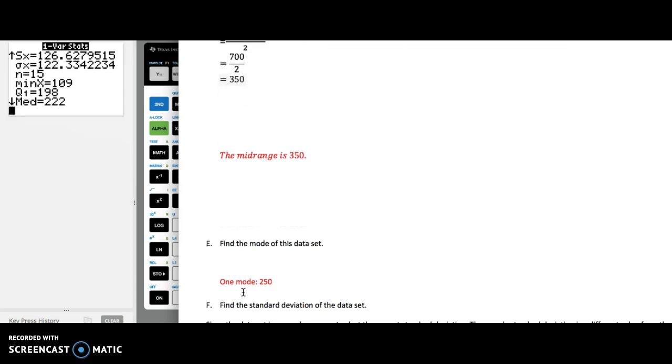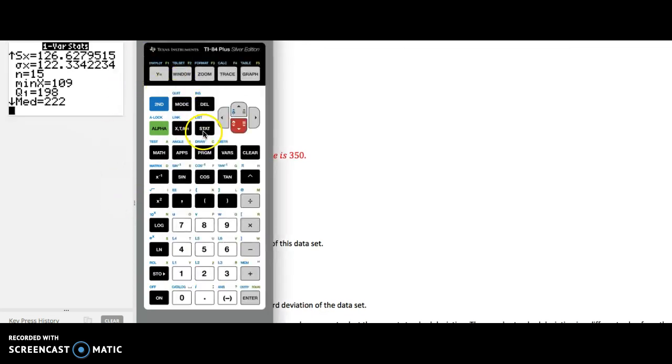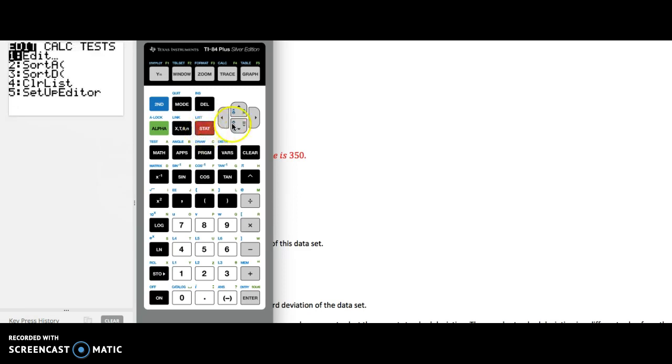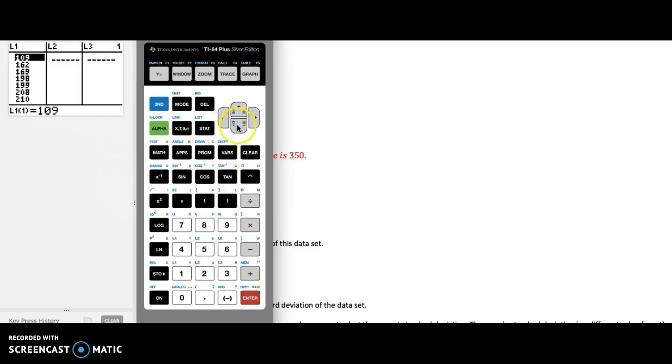Find the mode. Well, remember, it's helpful to order your data. Your calculator will actually do that for you. Press the Stat button, scroll down, press Sort A, which means sort ascending, press Enter. Second L1, press Enter, and go back to the Stat button to open up the Edit menu, and the data is in order.